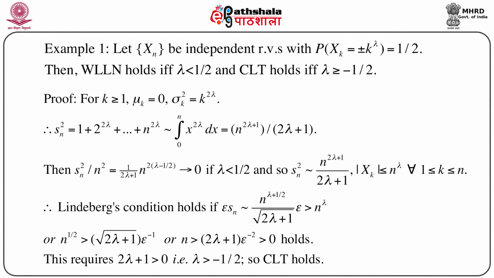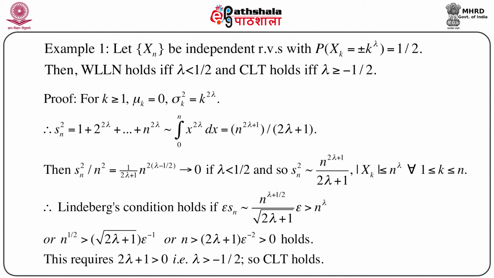So Lindeberg's condition holds if epsilon Sn, which is approximately n to the power lambda plus half by square root of 2 lambda plus 1, into epsilon, is greater than n to the power lambda. So after a little bit of manipulation, we have n to the power half is greater than square root of 2 lambda plus 1 into epsilon to the power minus 1, or n greater than 2 lambda plus 1 into epsilon to the power minus 2 greater than 0 holds.